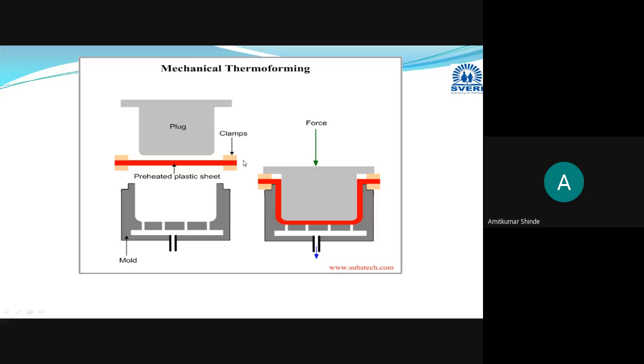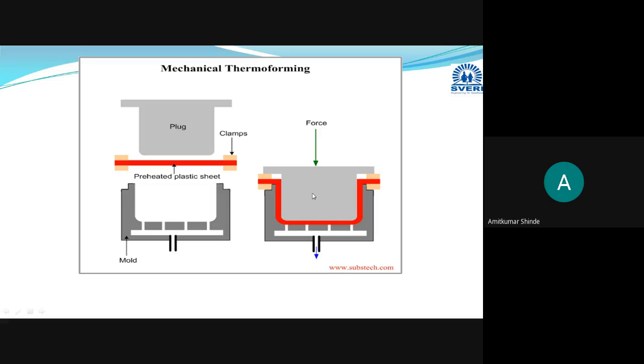After heating it, it is placed on the mold, and that mold cavity provides the desired shape and size which you want for your final product. Then, with the help of one plunger or punch, in the second stage, the force is applied.